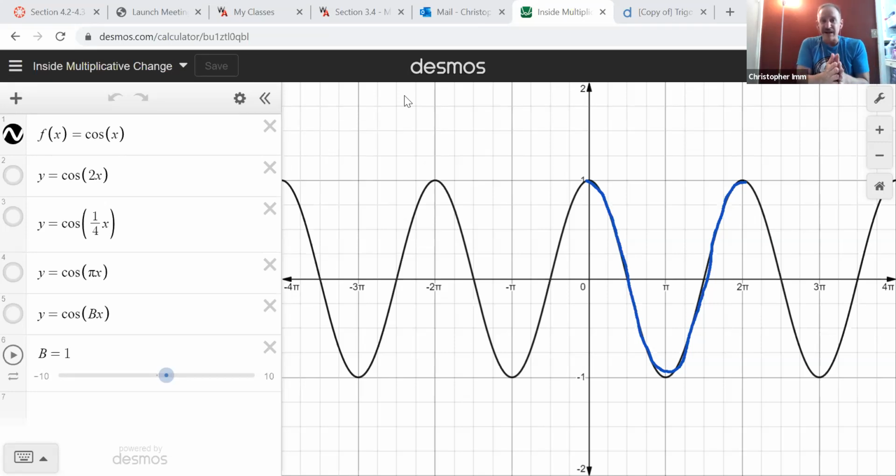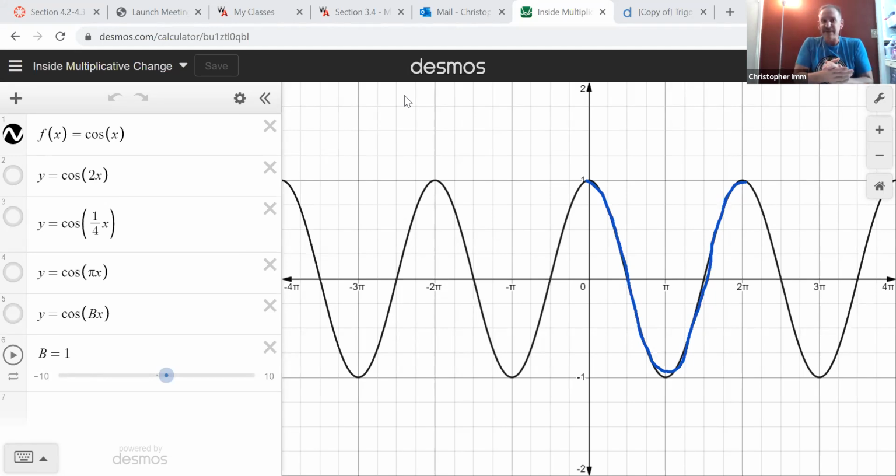Another thing that makes me come to terms with this is that I'm multiplying directly by the x. Whereas with these outside changes, when we multiply and add on the other side of the equation, that's very intuitive. When we multiply and add directly onto the x, that is counterintuitive. It's going to do the exact opposite of our intuition.